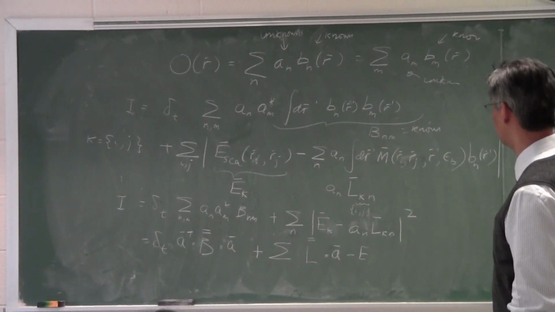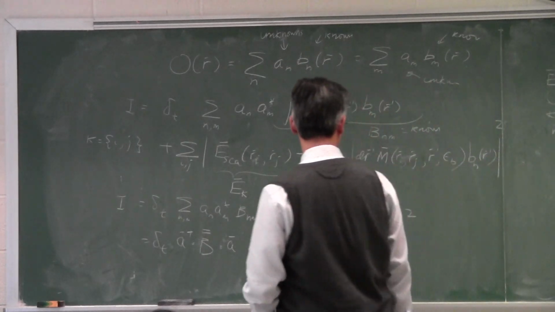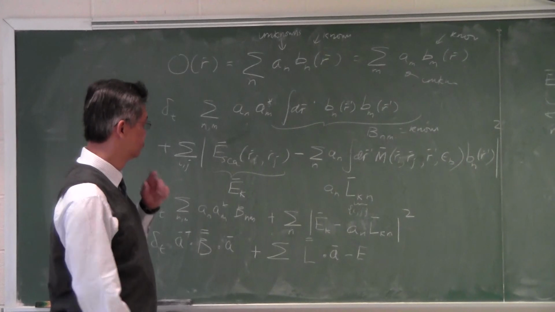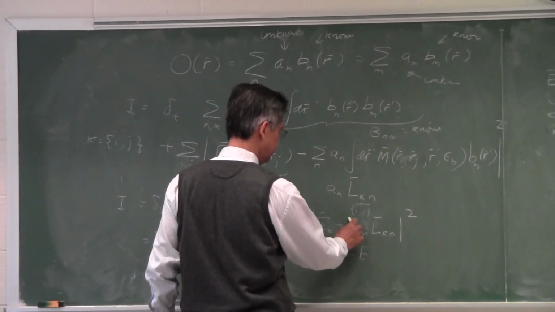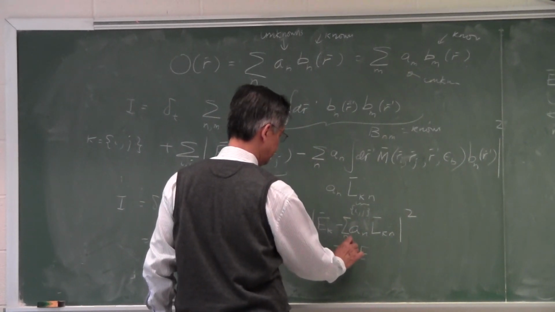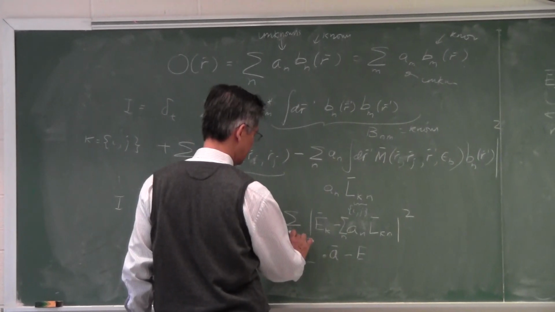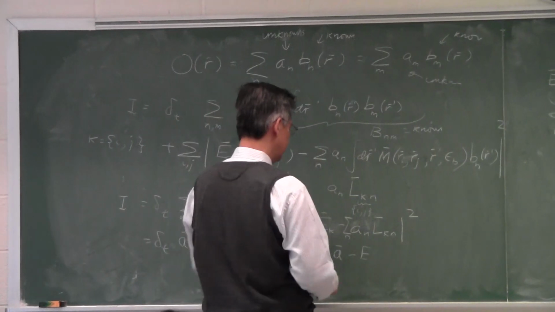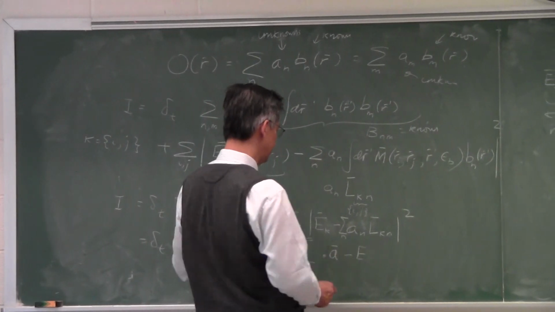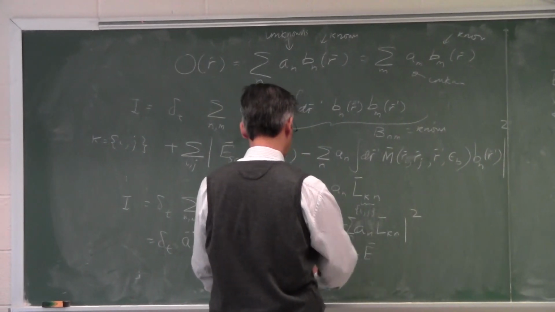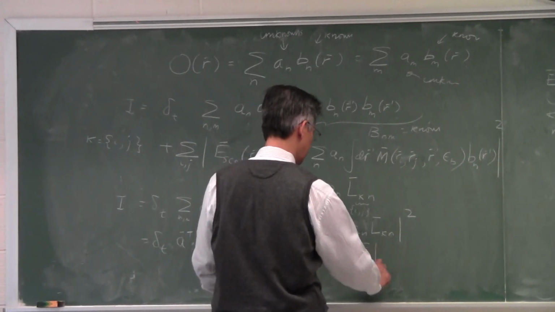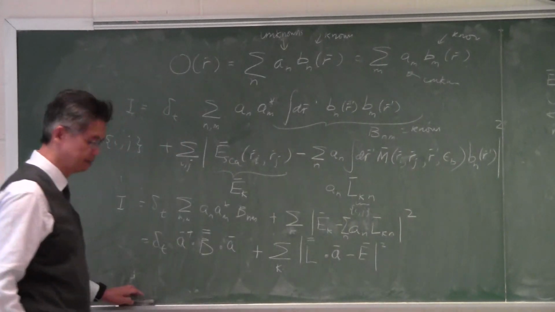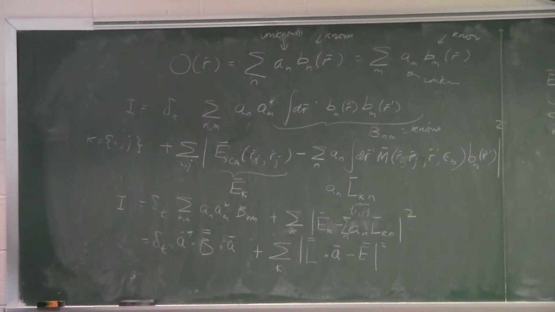I have to sum over... Sorry, I think the sum actually is over here. Sum over n, and this is the sum over k. So this should be equal to the sum over n written in this manner, and then the sum over k can be written in this manner. So this matrix system can be written as such.